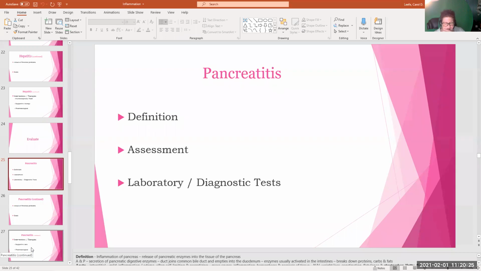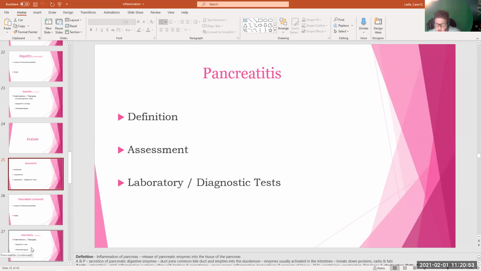All right, and then the vasoactive substances released with that autodigestion cause vascular damage and vasodilation. With the vascular damage comes hemorrhage, which in turn can precipitate that internal bleeding, the Cullen sign and the Turner sign.